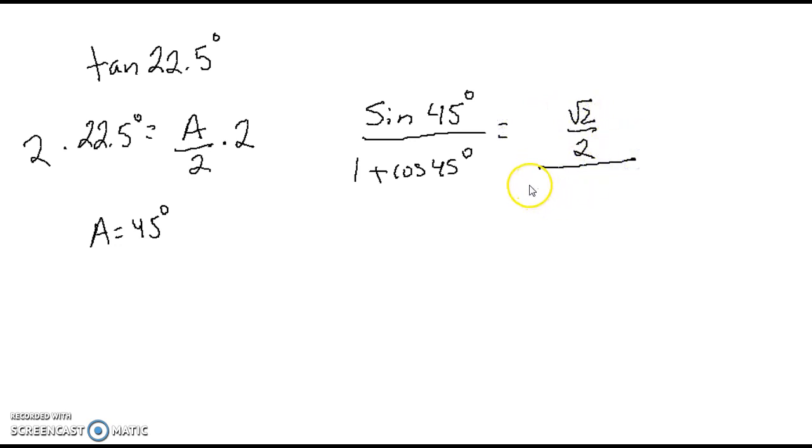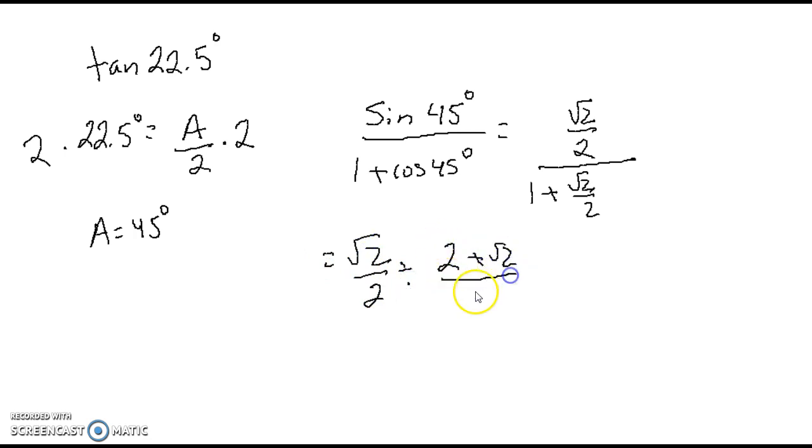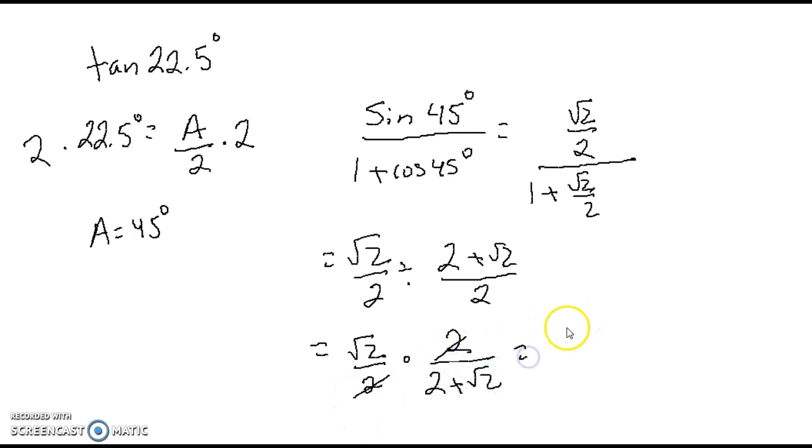And I know what the cosine of 45 degrees is. And so what this is going to equal, root 2 over 2, divided by 2 plus root 2 all over 2. Division is the same as multiplying by the reciprocal. And we're going to notice that, boom, those 2's cancel out. And we're left with our answer.